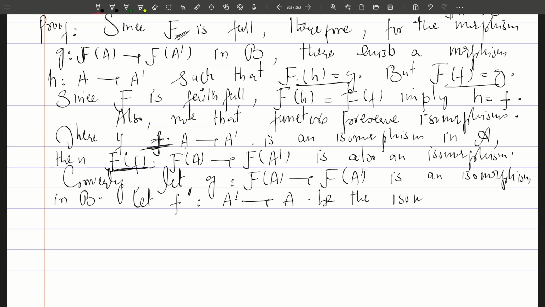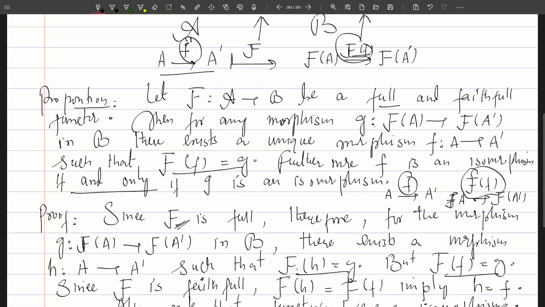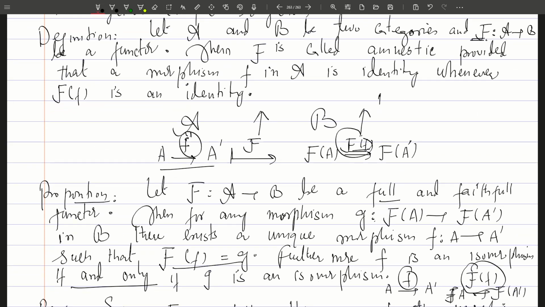isomorphism such that F of f prime is equal to G inverse. So one should note here G inverse, we know by the first part of the result.